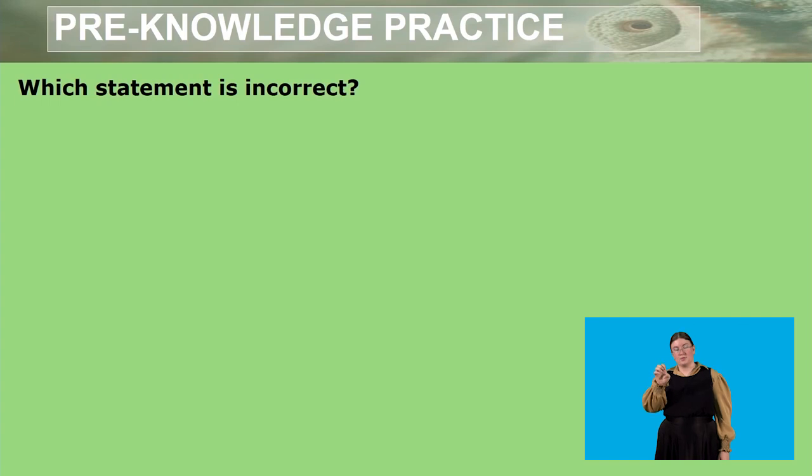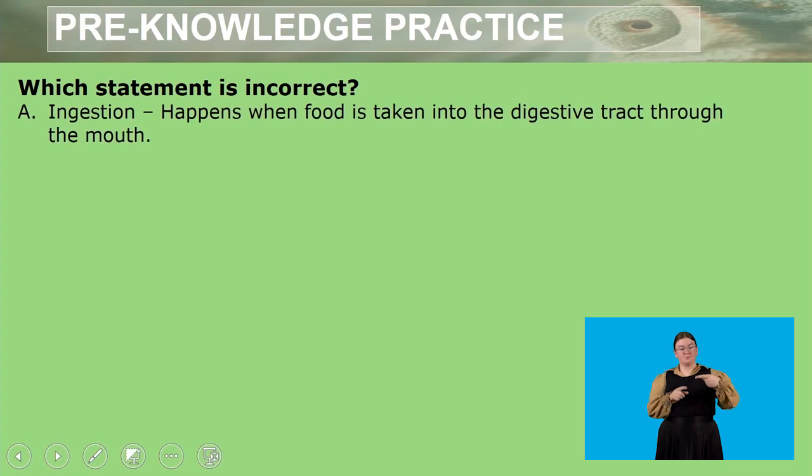Moving on to our pre-knowledge questions, we are going to look at a number of statements and look at which statement is incorrect. So A, we have the word ingestion. It states that it happens when food is taken into the digestive tract through the mouth. This is basically when you place food into your mouth and you chew so that you swallow, so then it is digested.